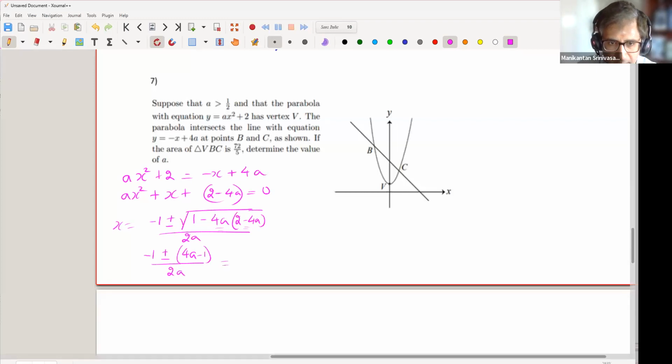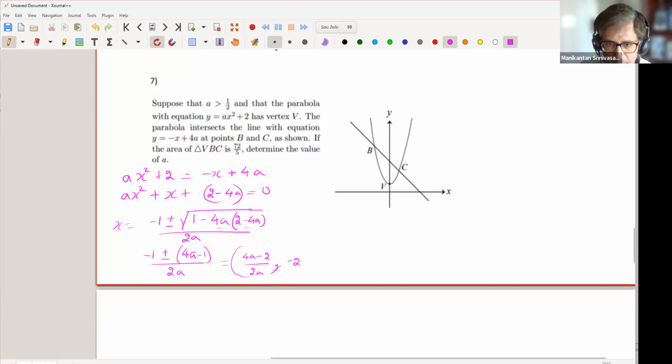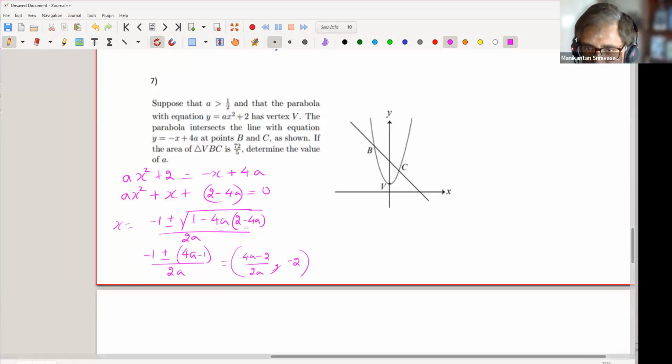So the two roots are, if I do minus 1 plus 4a minus 1 by 2a, it becomes 4a minus 2 by 2a. The other root becomes minus 4a by 2a, which is minus 2. Okay, so clearly this B is at minus 2.